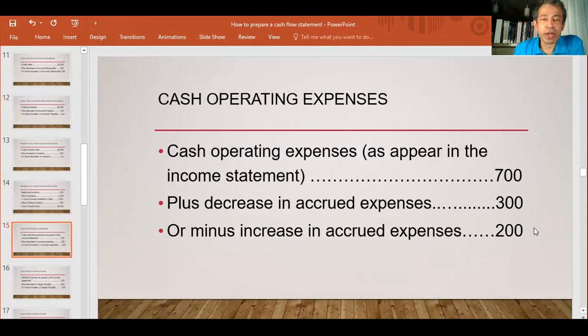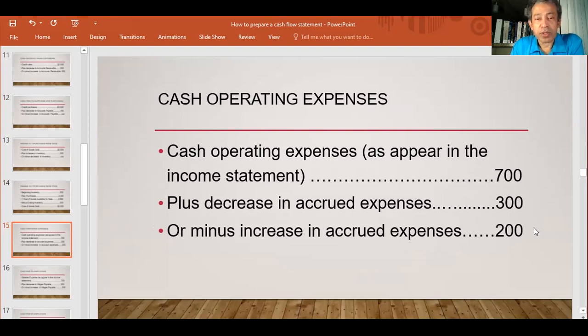All right. Now, cash operating expenses. Again, this is a cash flow statement, so we have no room for the non-cash items like depreciation, amortization, impairments, write-offs. There is no room for appreciation or depreciation in inventory or in the value of anything, in stocks, bonds, investments, or in our fixed assets or non-current assets.